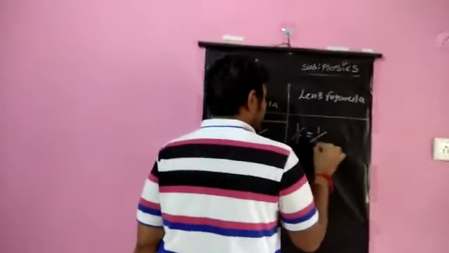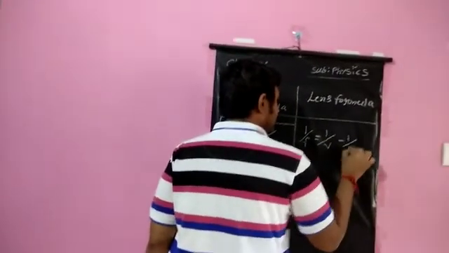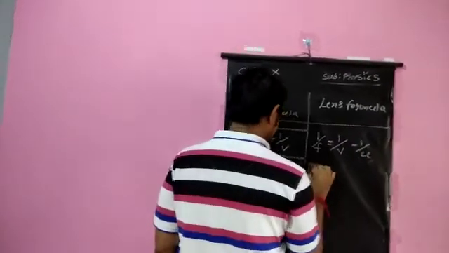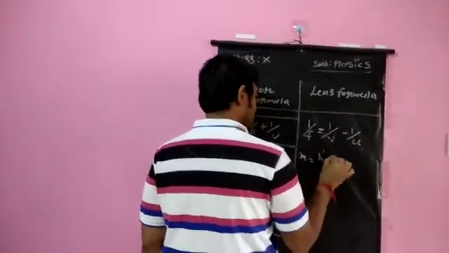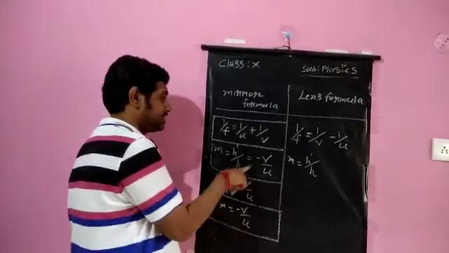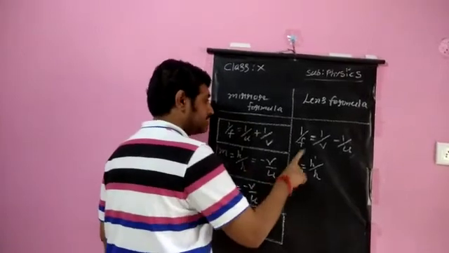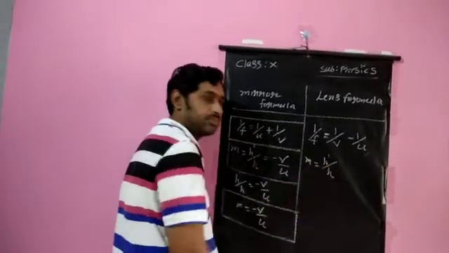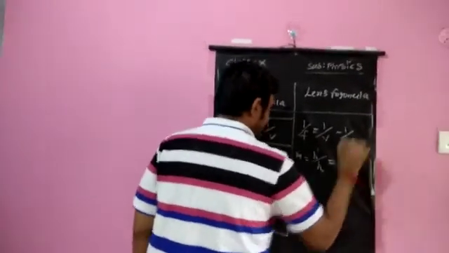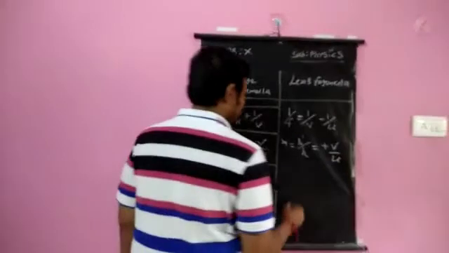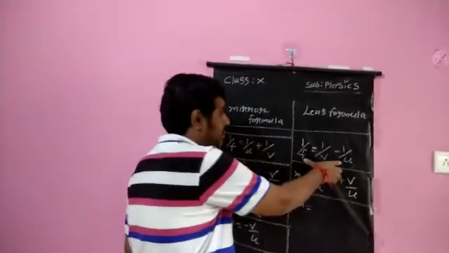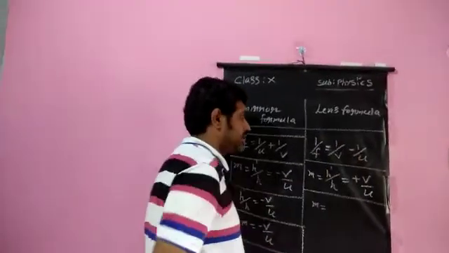The lens formula is 1 by f equals 1 by v minus 1 by u. Whereas for magnification, there is a small change. Here magnification is height of the image by height of the object, but instead of minus v by u as in the mirror, in the lens we will take plus v by u.